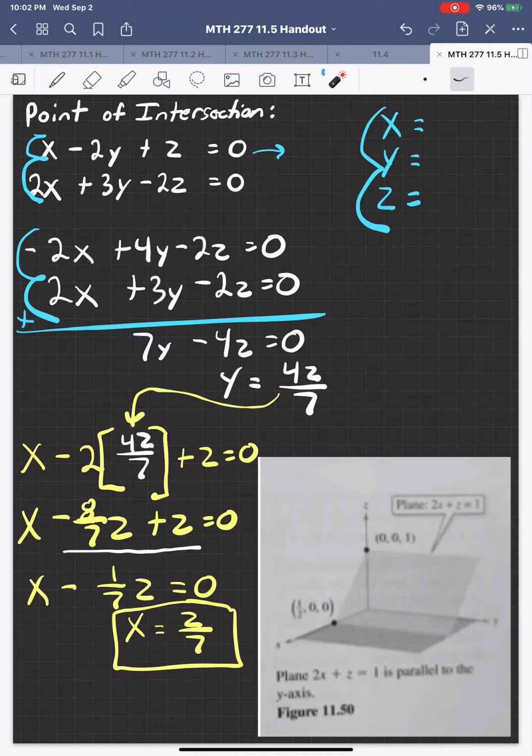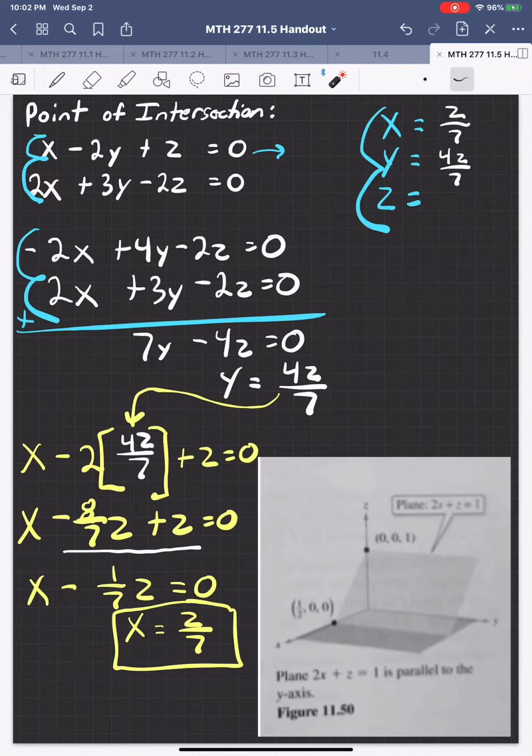So what I have, let me go ahead and write what I have so far. As it sits, I have x is equal to z over 7. And I have y is equal to 4z over 7. So far, this is what I have.